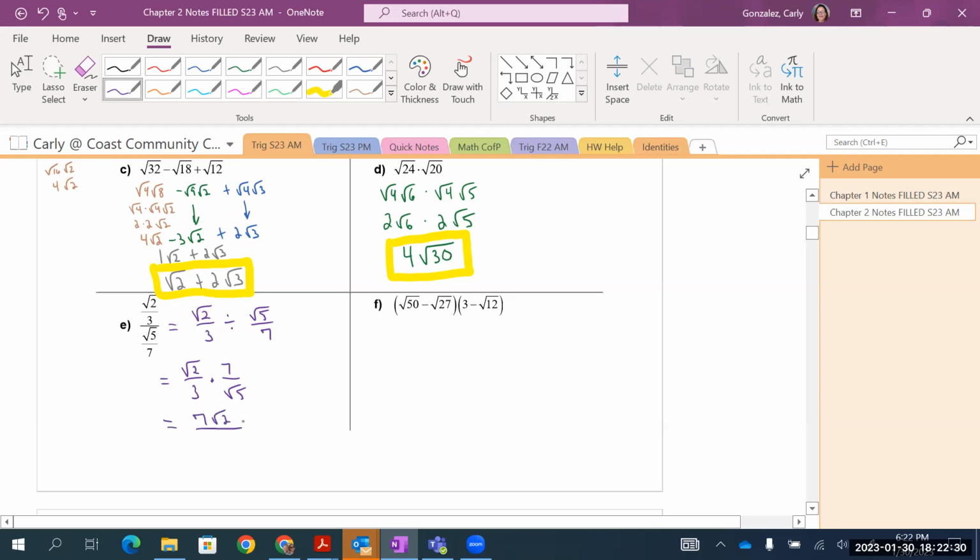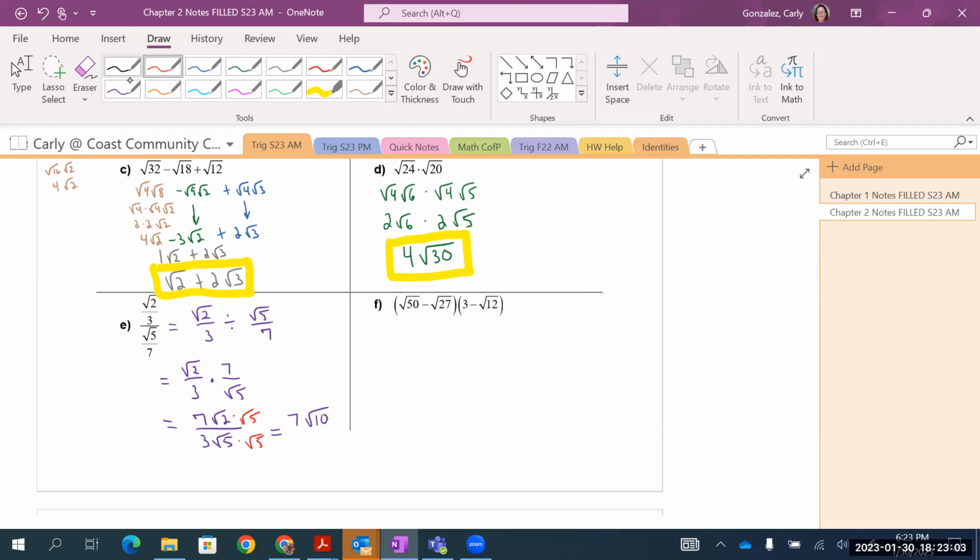Notice I did not multiply 2 times 7 since the 2 was inside the square root and the 7 is not. Similarly, on the bottom, we get 3 rad 5. Now, my final answer should not have square roots in the denominator, so I'll multiply top and bottom just by rad 5. The 3 is not the problem. And we get 7 rad 10, because it's multiplying, so we can multiply rad 2 and rad 5.